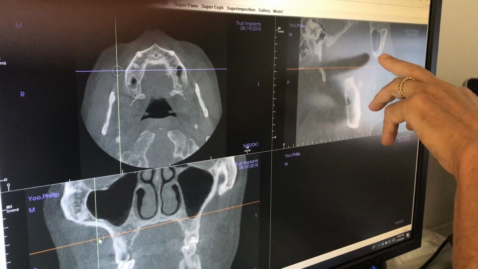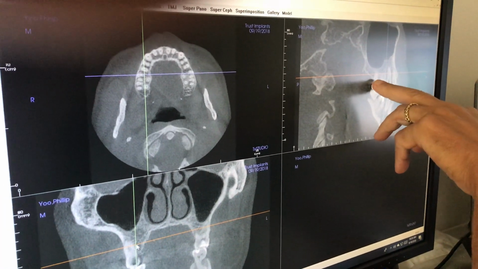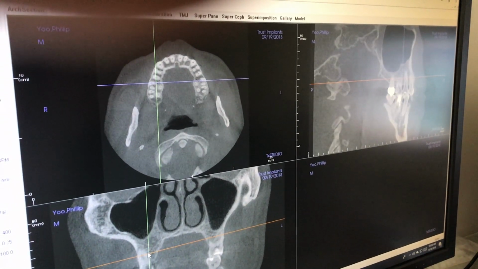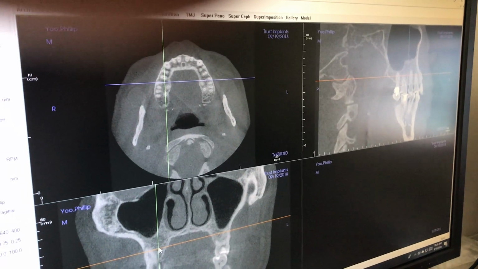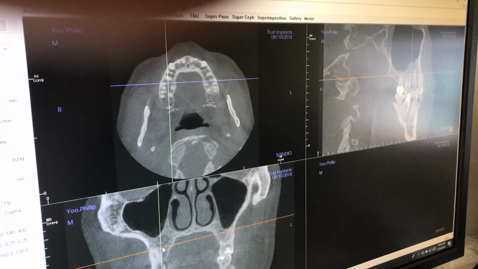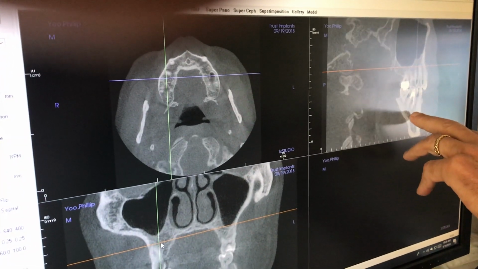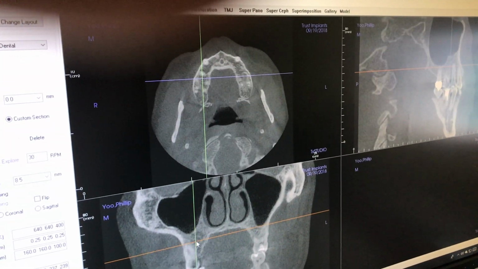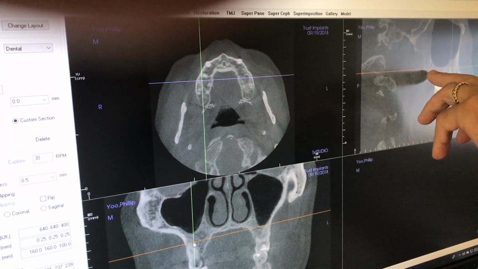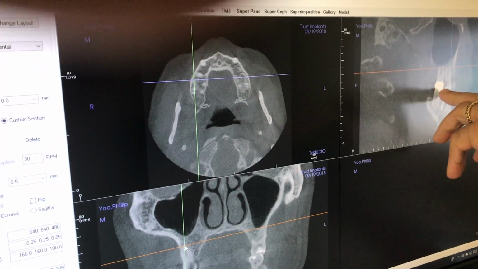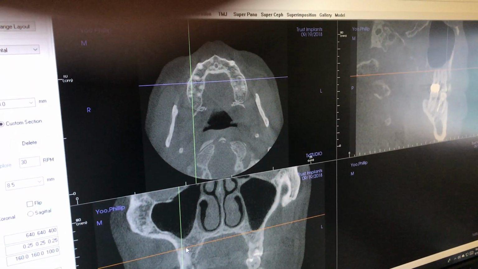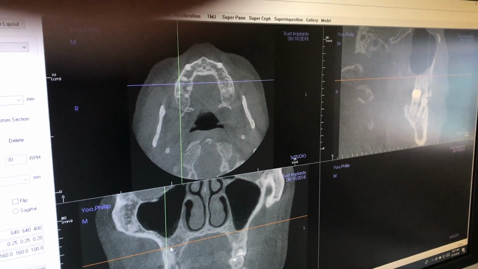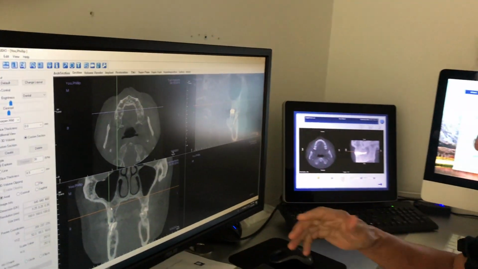Now we can look at the sinus from the side, and again you can see the teeth sticking up into the maxilla, and you can see the root tips, so you can see abscesses, and you can see root canals, and you can see if they're done well, and most of them are contaminated. You can see how an abscessed tooth could cause a sinus problem, and a sinus problem could cause your tooth to hurt, because they're the same thing.